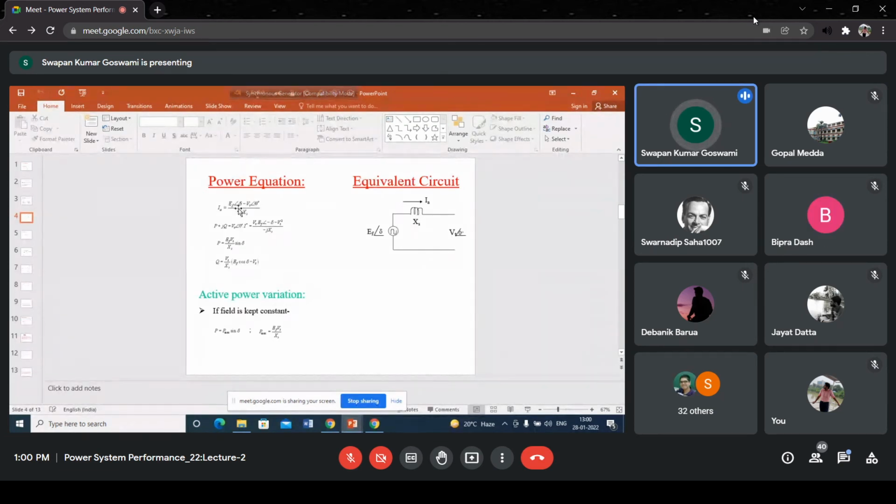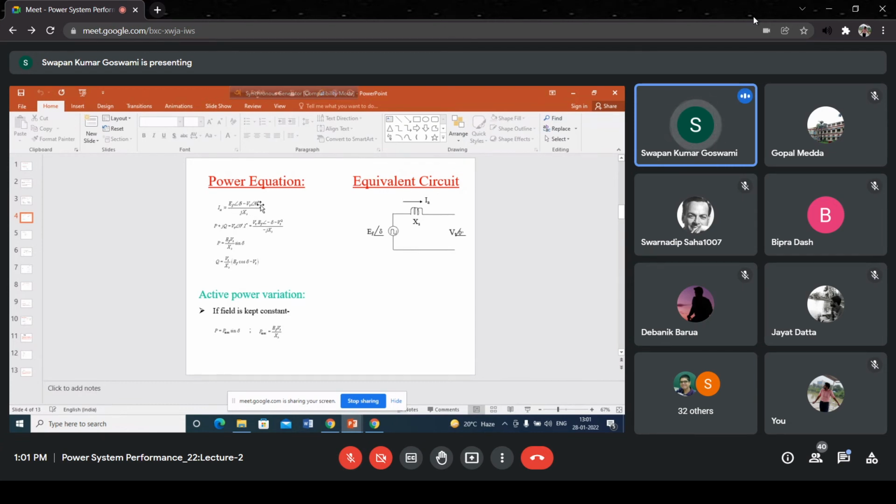EF at an angle of delta minus Vt at an angle of 0, this voltage minus this voltage divided by this reactance jXs. J is not written here, but actually it will be jXs. Note that this current Ia is the complex current. It has some angle, but it is a complex current. We are not showing any angle here, but remember that this is complex current. So Ia is EF at an angle of delta minus Vt at an angle of 0 divided by jXs.